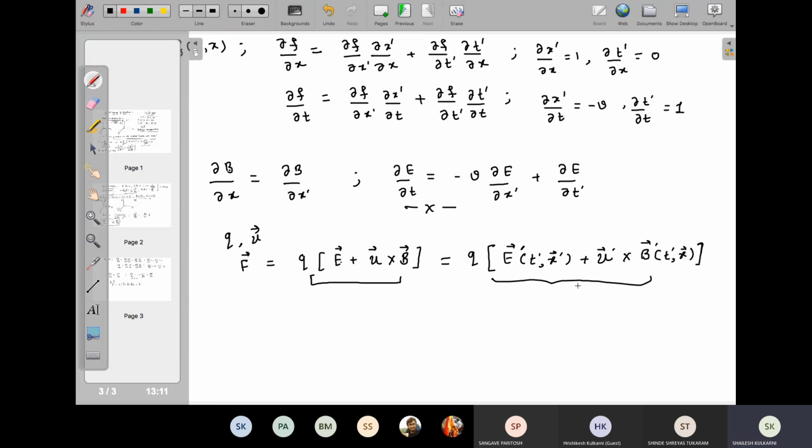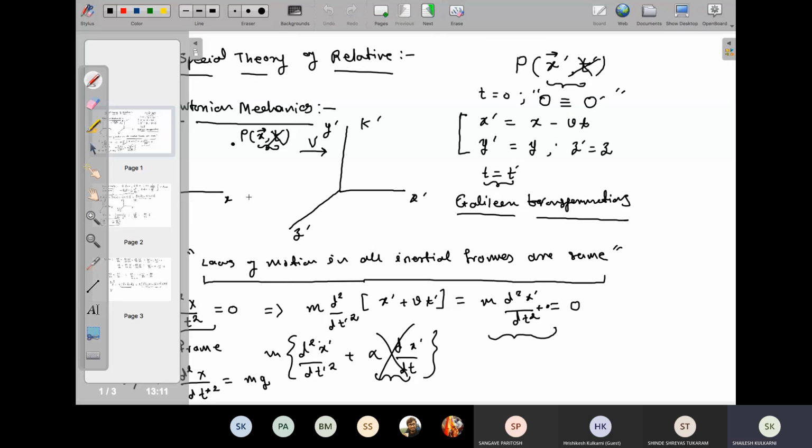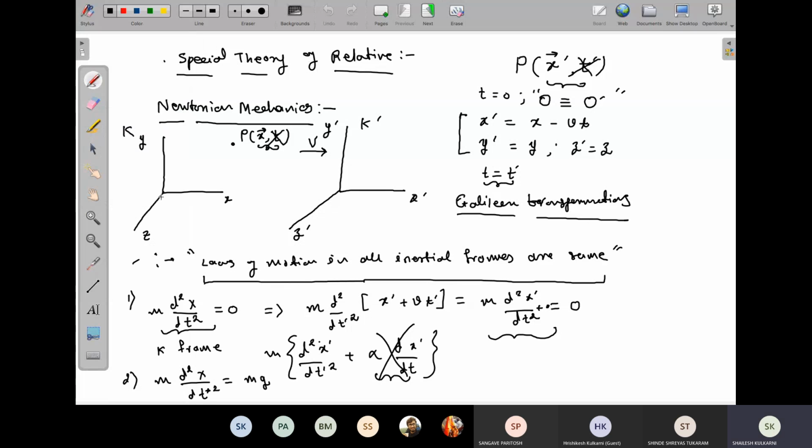Now what will be your u prime? You see u is the velocity of some object in K prime frame. So suppose you have this K frame and K prime frame, and some particle is moving in this frame with velocity u.